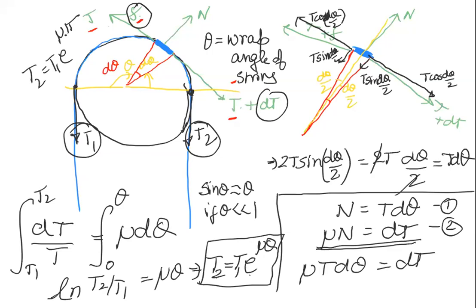First, I just want to hammer the point through that the tension in the same string, the string is the same, but the tension on two sides after the string has been wrapped around a pulley, the string has a different tension on the other side. Is this understood? Is this understood by all? If the pulley has mass, then the tension of the string passing over it will be different on both sides.